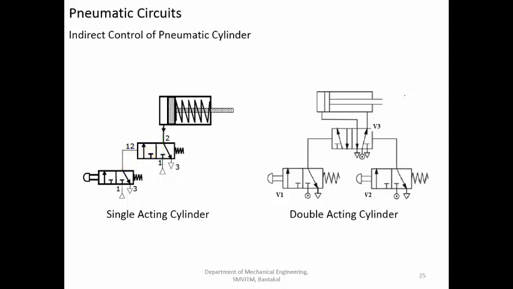In case of double acting cylinder, if you are pressing V1 push button, then this side of the connections will be made inside the valve. Air is going to flow through it. It is going to come here and actuate the force here. When it is actuating the force, this position is actuated inside the valve. So air is going to enter the piston side, and from the retraction other side, air is going to come out. It is going to go here and enter into the atmosphere.